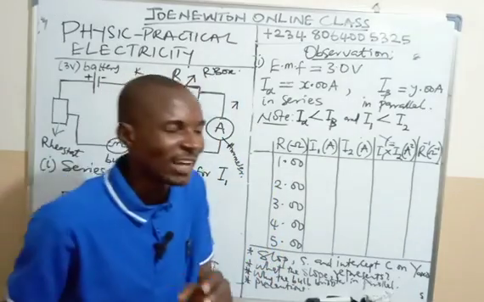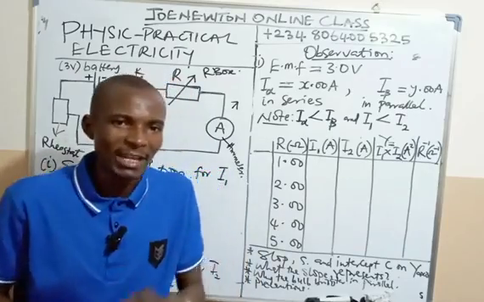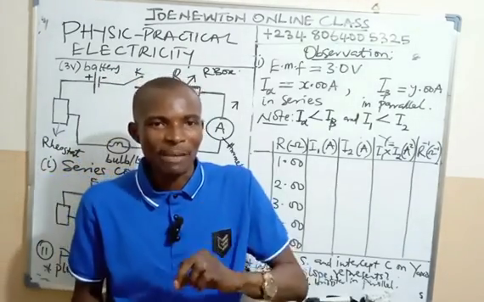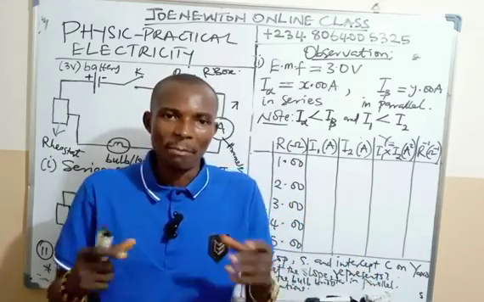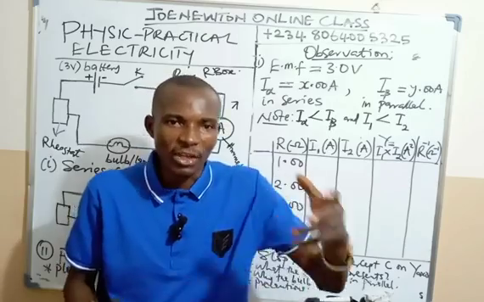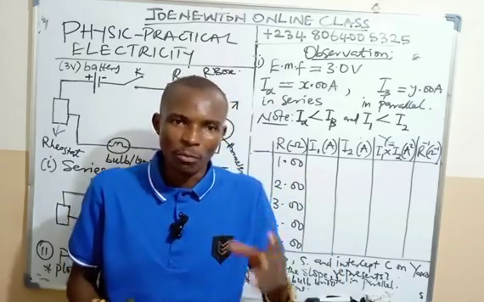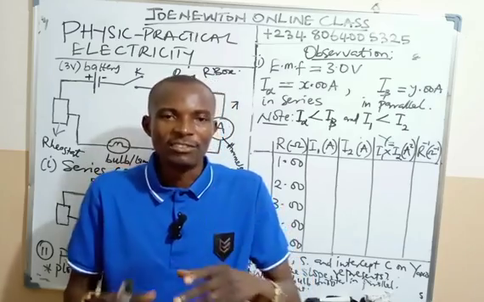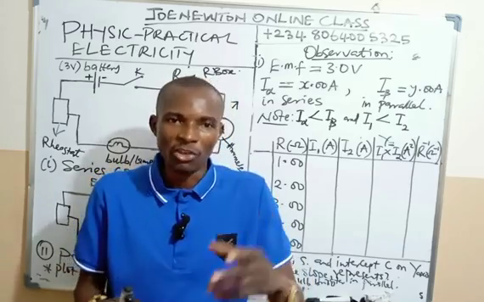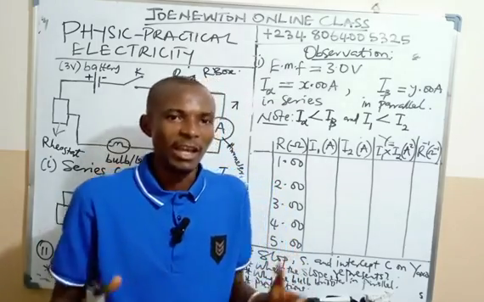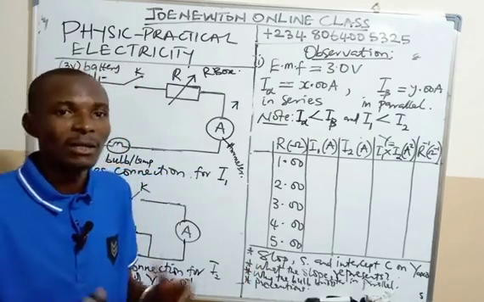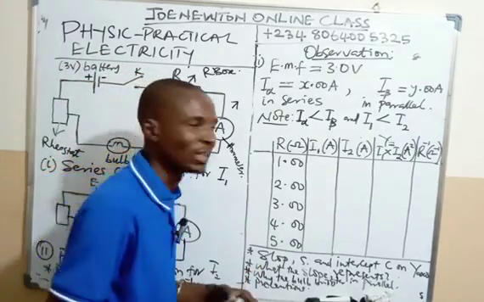But the important thing is that the same observation should be made in terms of the principle guiding it. If it is in line with Ohm's law, the same observation will be made. If the trend is increasing in the variables, it should be increasing all through. If the trend is decreasing, it should be decreasing all through. That is where the judgment is based in marking the SSCE exams and every other experimental analysis examination or test.